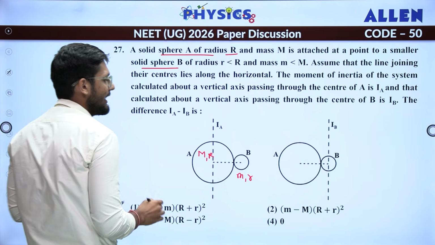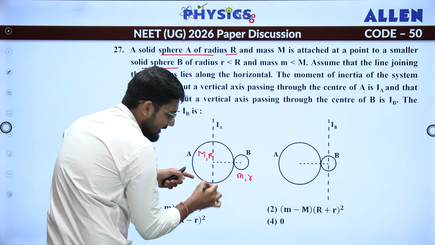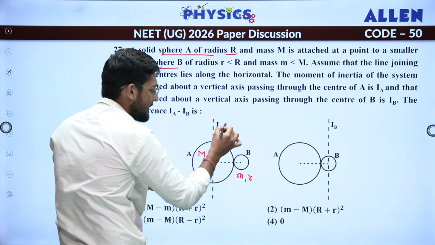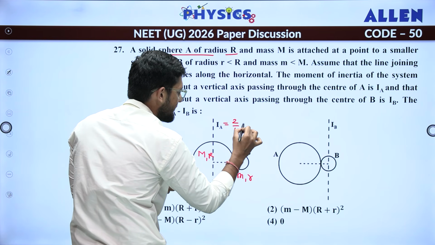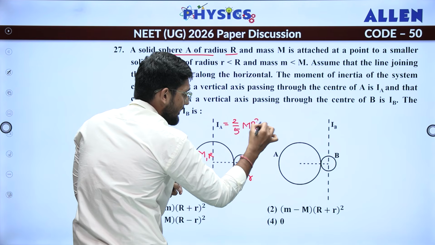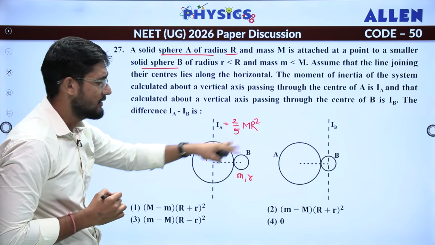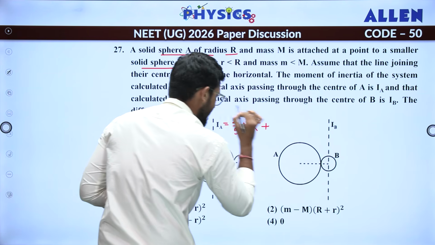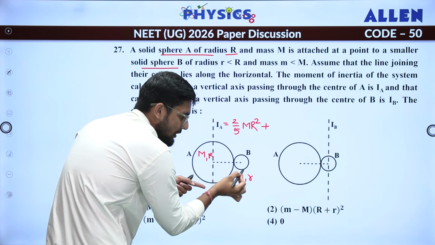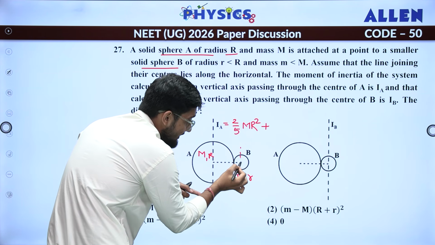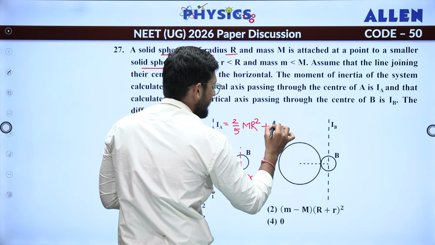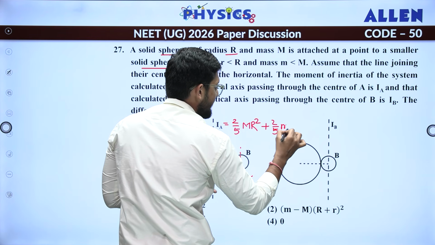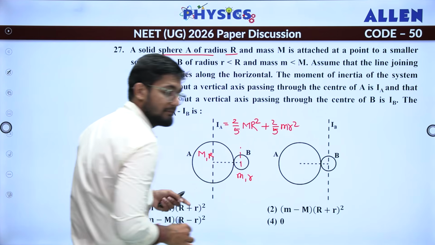So if you write IA, can I say that this is the natural axis of this sphere? So I'll write 2 by 5 capital M capital R square, like this. Then plus the moment of inertia of the small sphere about its natural axis, and that will be 2 by 5 small m r square.